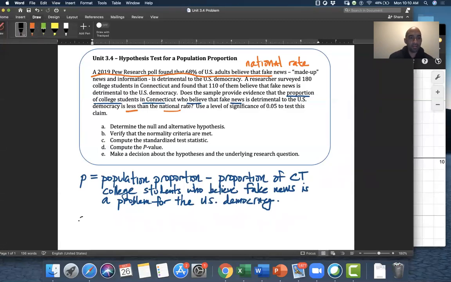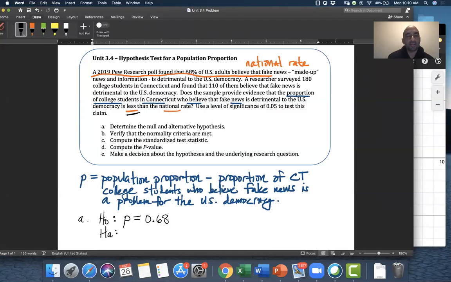So for part A, the null hypothesis will basically assume that the population proportion is equivalent to the national rate of 68%. And the alternative hypothesis is based on the research question or claim. Well, in this case, we're saying less than, right?